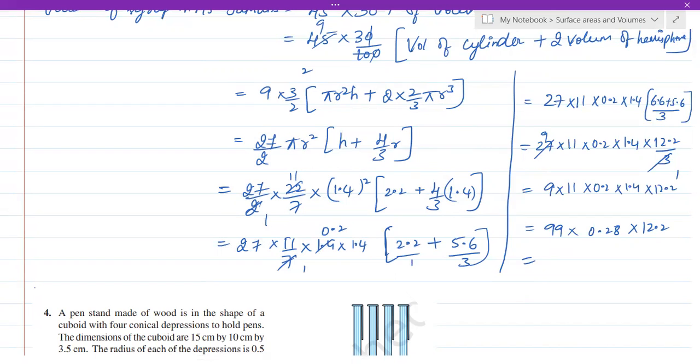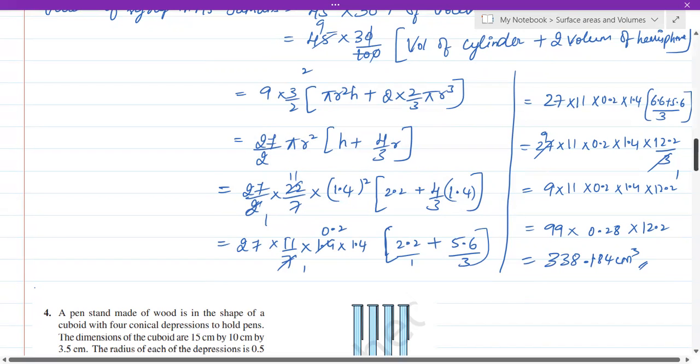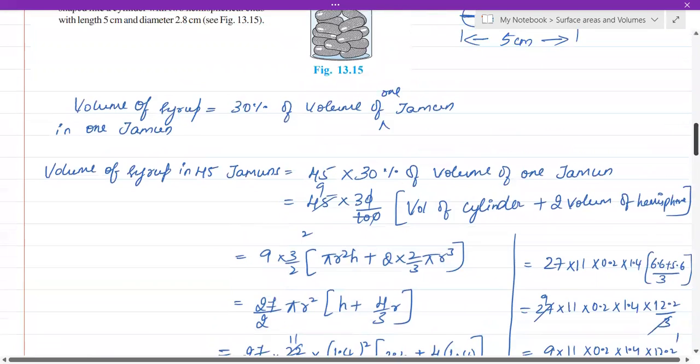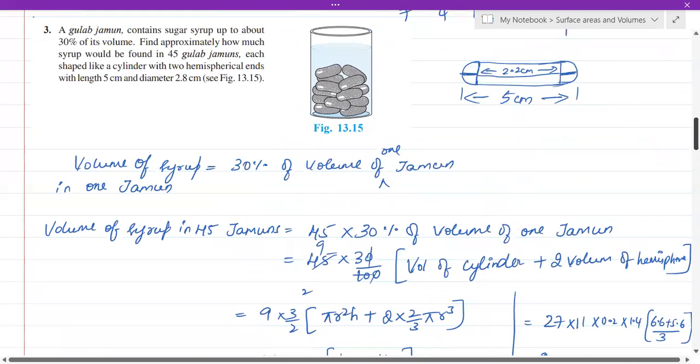So let me make use of the calculator and tell you the answer. 99 into 0.28 into 12.2. That will give you around 338.184 centimeter cube. That is the volume of the syrup in 45 jamuns.